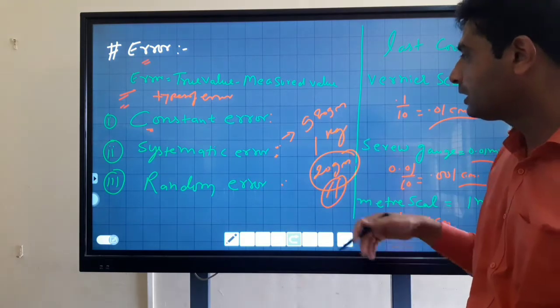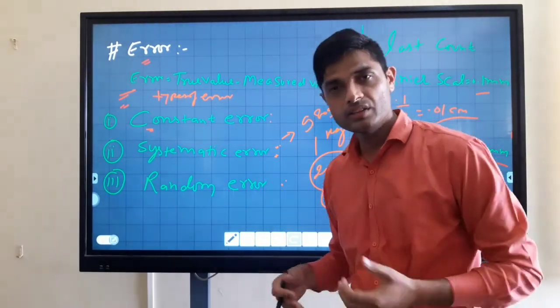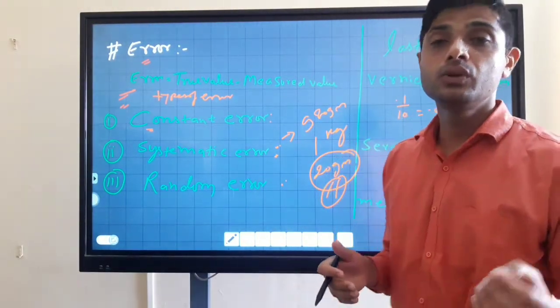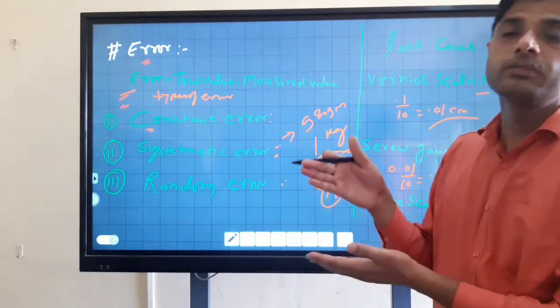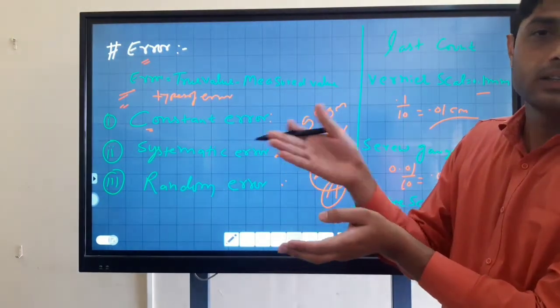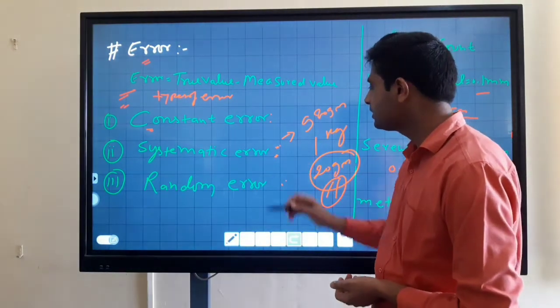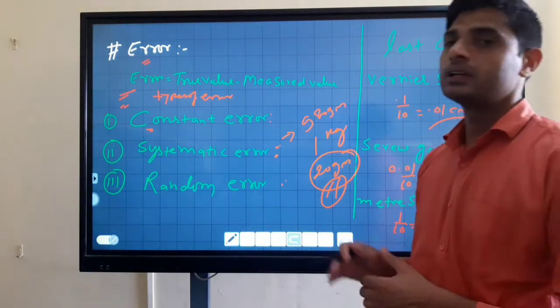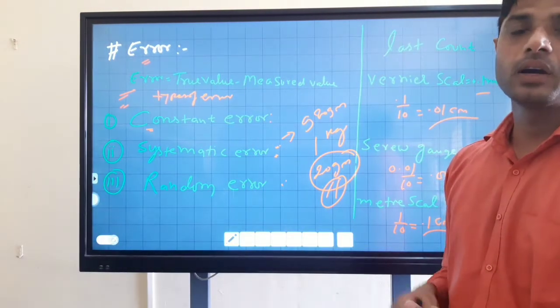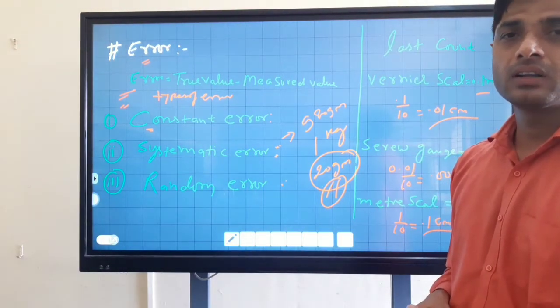Or it arises due to zero error. What is zero error? When the zero of the vernier scale does not coincide with the zero of the main scale, this is known as zero error. Or systematic error takes place due to external conditions like pressure, temperature, like this.